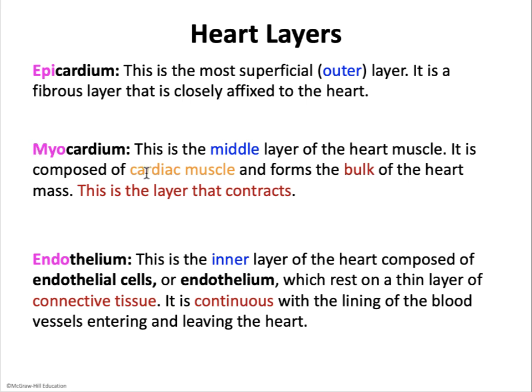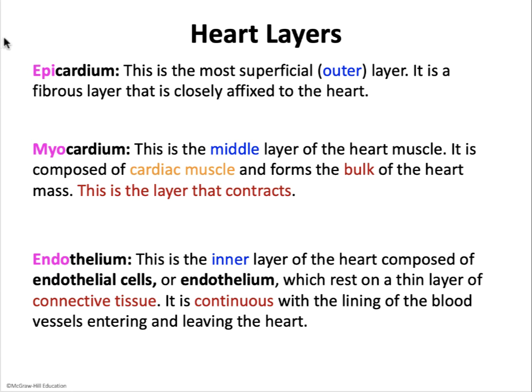And that's composed of cardiac muscle cells as the majority, and that's where the muscle contracts to cause the pumping action of the heart. Now outside the myocardium is a thin layer of tissue, a fibrous layer called the epicardium, which has a very close association with the myocardium, and it's hard to separate.